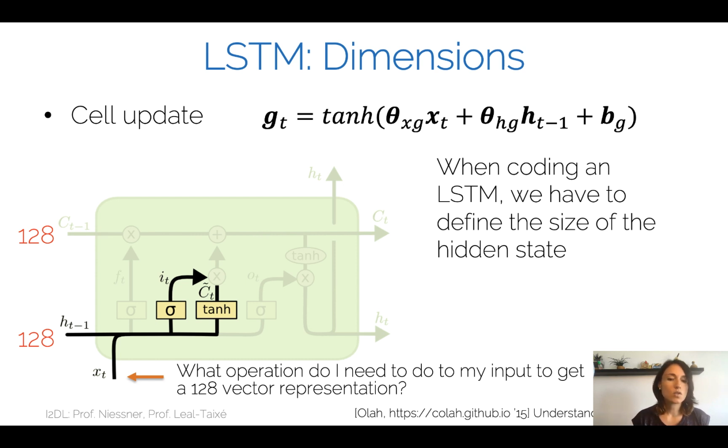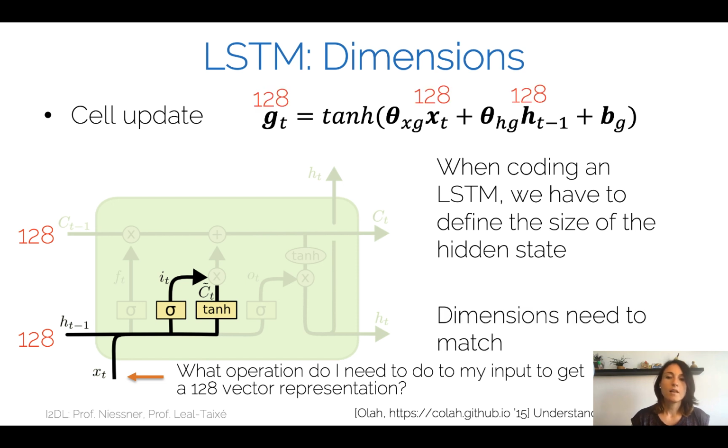So I need to take my input xt and I need to perform an operation so that my input is squashed or expanded, depending on what's the input size, into a 128 vector representation. So it is very important that all the dimensions match so that we can make the computations, for example, for the cell update depicted here.